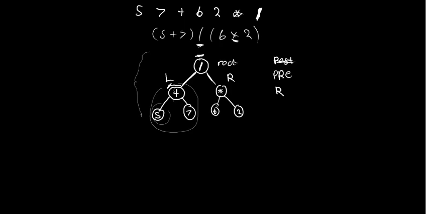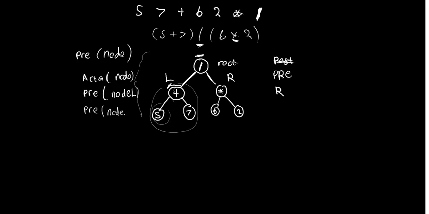To represent this as pseudocode, basically, if we say pre, and then we take in a node, it's going to be an action on the current node, and then we're going to have pre, traversing node dot left, the left child, and then we're also going to traverse node dot right.